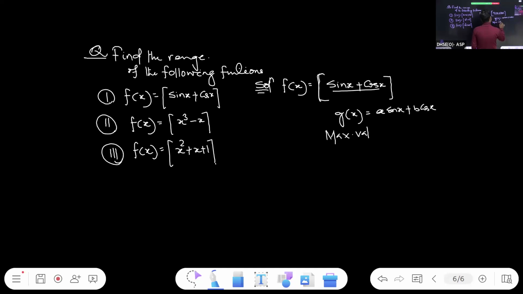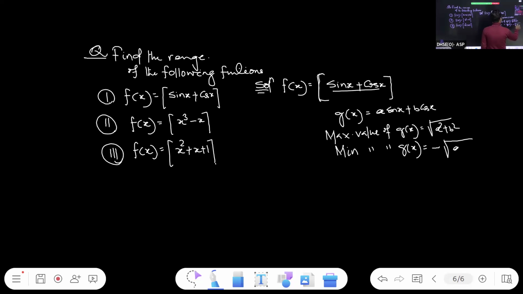Maximum value of g of x is under root a square plus b square.